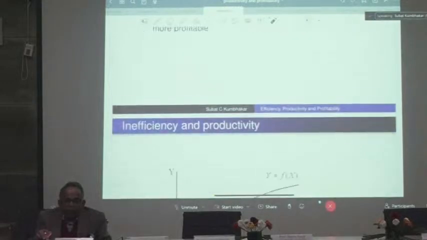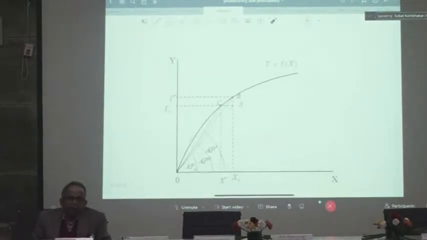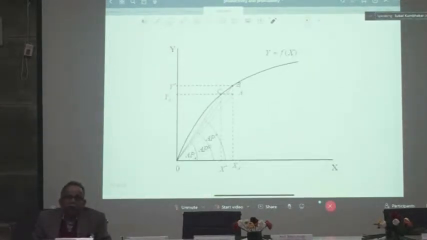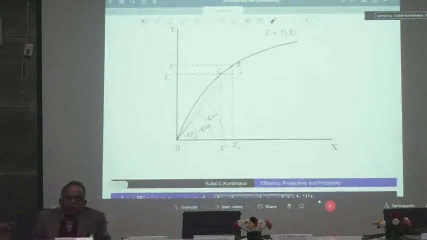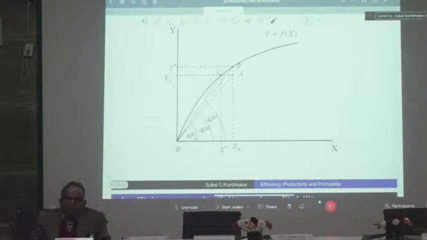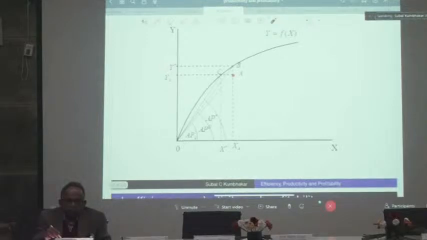Okay, now let's say we are bringing in efficiency, since inefficiency is one component of the workshop. Let's see what will happen to productivity, profit, and things like that if a particular farm is inefficient. That's obvious. Let's look at this point A, which is inefficient, because the potential is to produce at point B, if you're looking at an output-oriented measure.